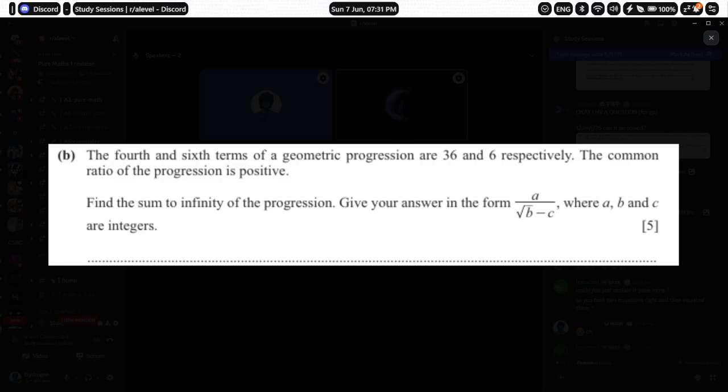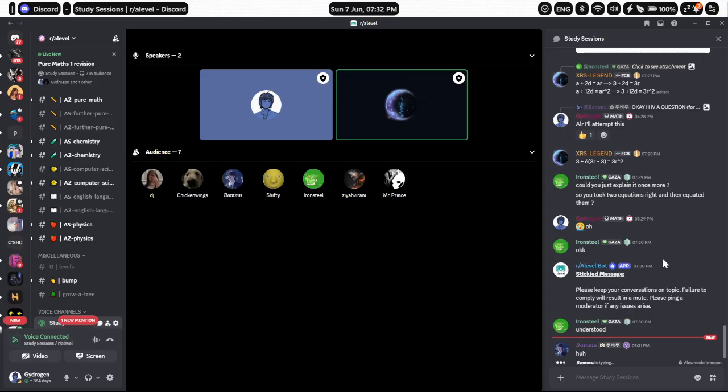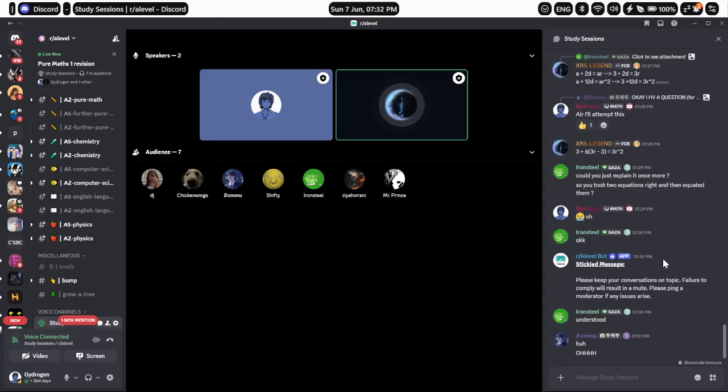And because here the values are reducing, there's a continuous division by something. If it was divided by 6, the fourth term would be 36, the fifth term 6. But that's not the case. So you would have the fifth term as 36 divided by something, and then the sixth term is 6. So you're dividing by root 6.